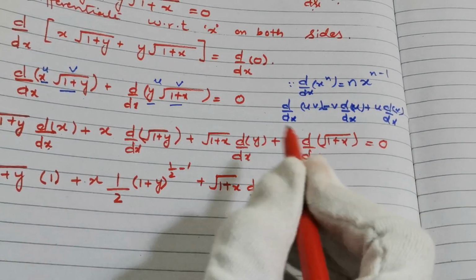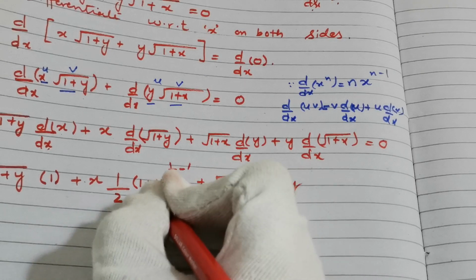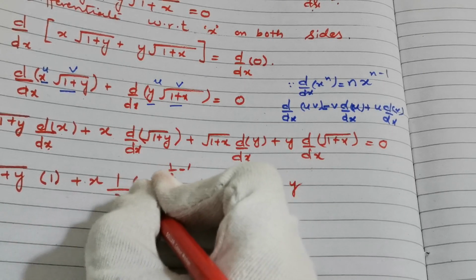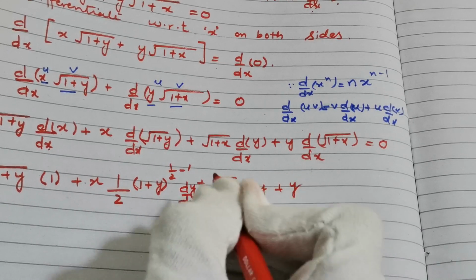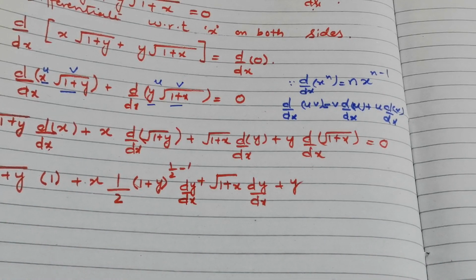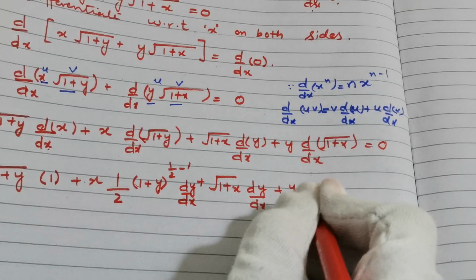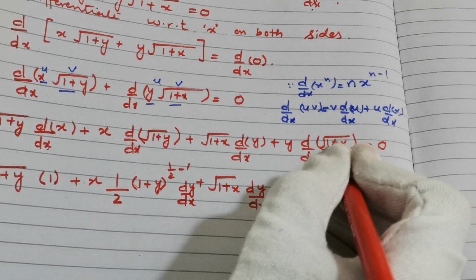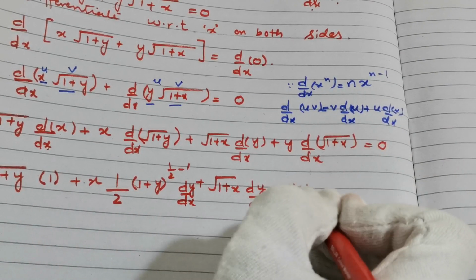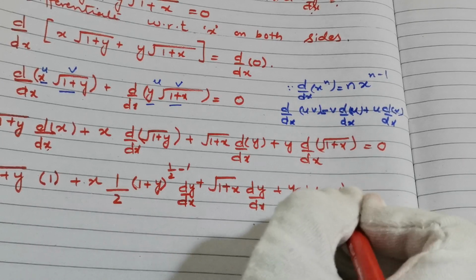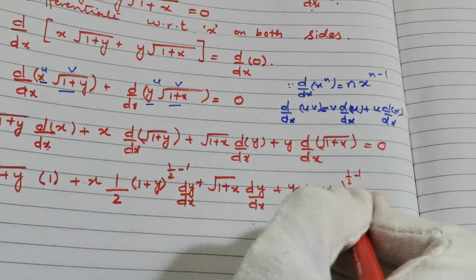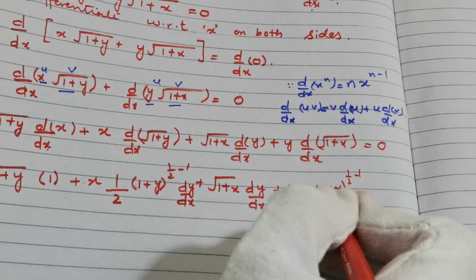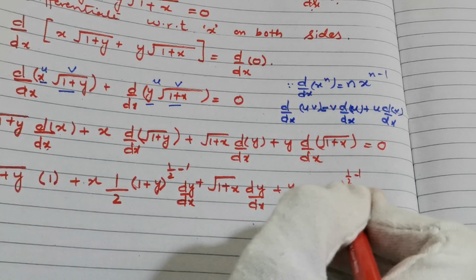Here again we differentiate 1 plus y, and we get dy by dx, plus y 1 by 2. Here we again apply the power rule, n x to the n minus 1, and again we differentiate 1 plus x, but the derivative of x with respect to x is 1.